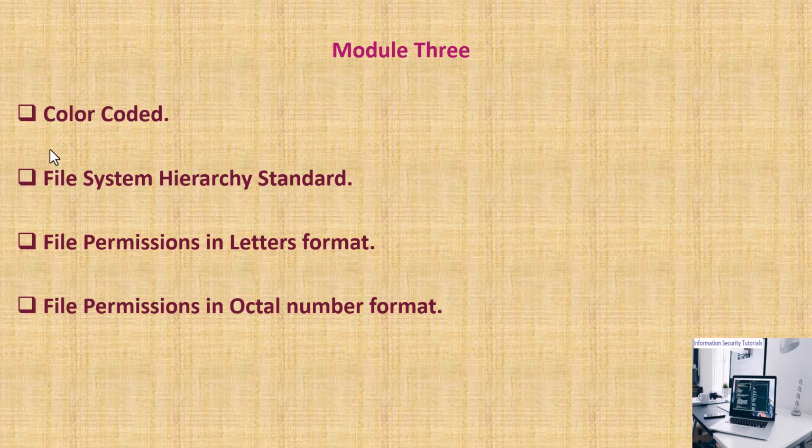Then we will discuss the file system hierarchy standard, or the FHS. Then we will discuss file permissions in letter format, because we can refer to the permissions given to a specific file or folder, for a specific user, group, or other users on the system, using the letter format or using the octal number format.